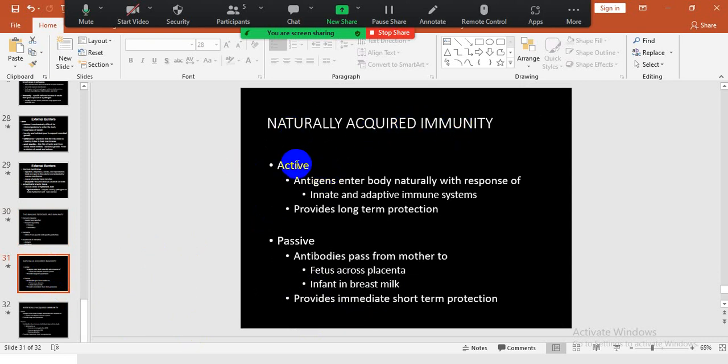We have the active. Active means that, like what I explained earlier on, malaria parasite will bite me. And initially, when I was a child, I was getting malaria, but I don't get malaria again because the frequent bite of mosquito gave me malaria parasite, which made me sick because by then I didn't know malaria. But now my body knows malaria from my JSS, SS, and everywhere.